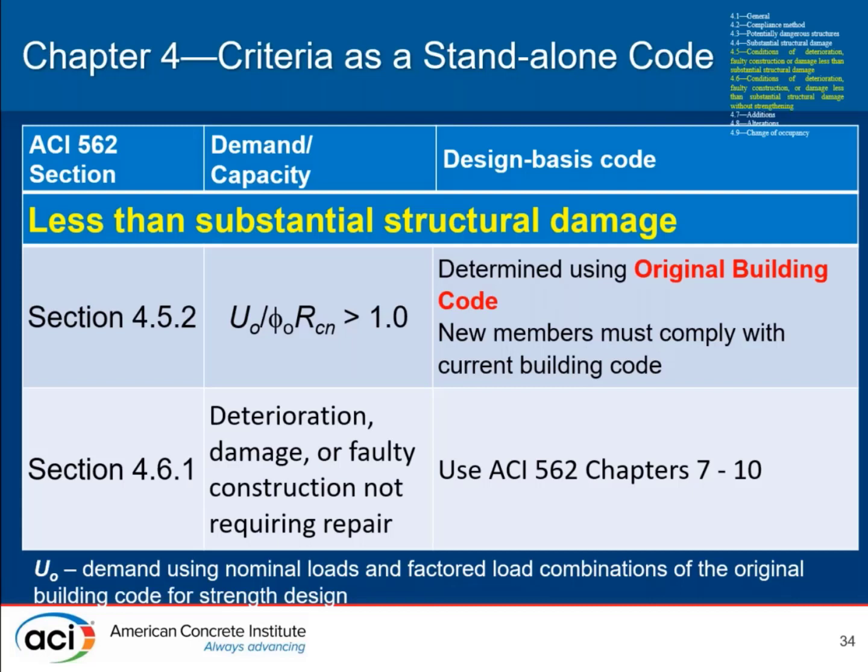If you've got deterioration, damage, or faulty construction that doesn't require repair, then you're going to use ACI 562 chapters 7 through 10.